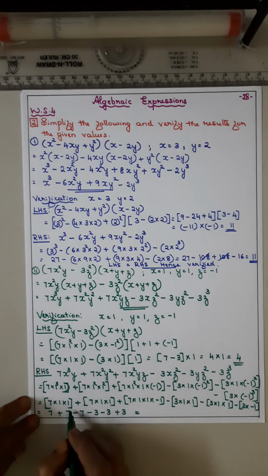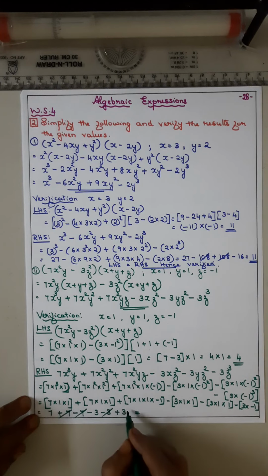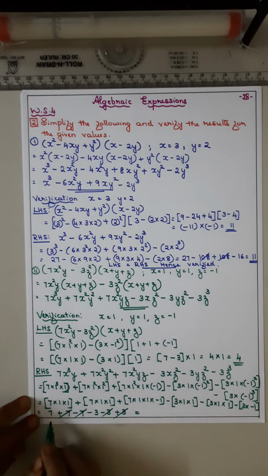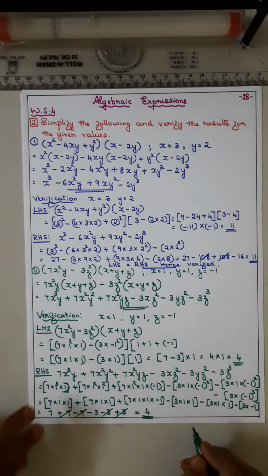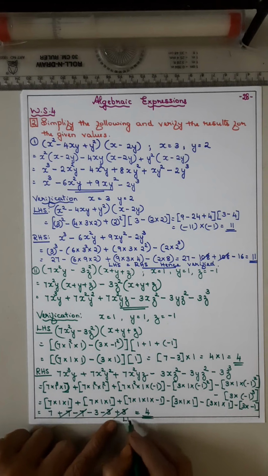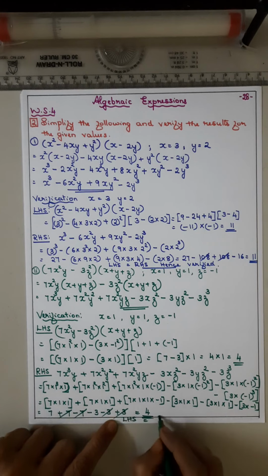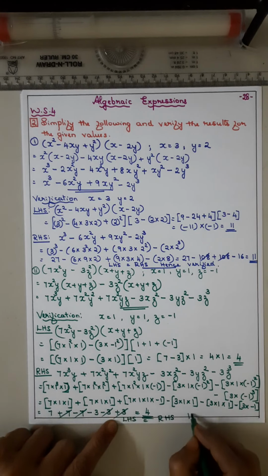Okay. Now plus 7 minus 7 cancel. Minus 3 plus 3 cancel. So you got 7 minus 3, that is 4. That is why LHS is equal to RHS. Hence, verified.